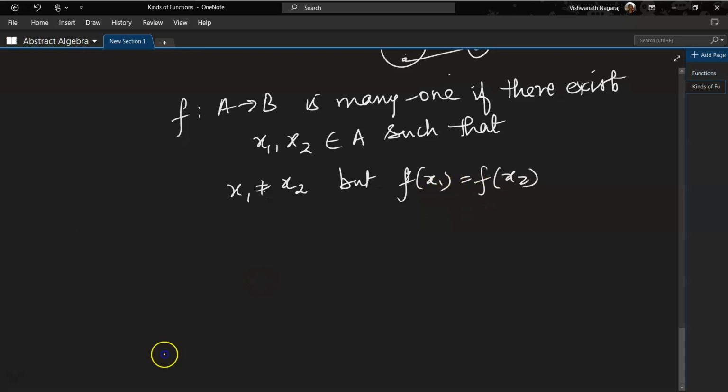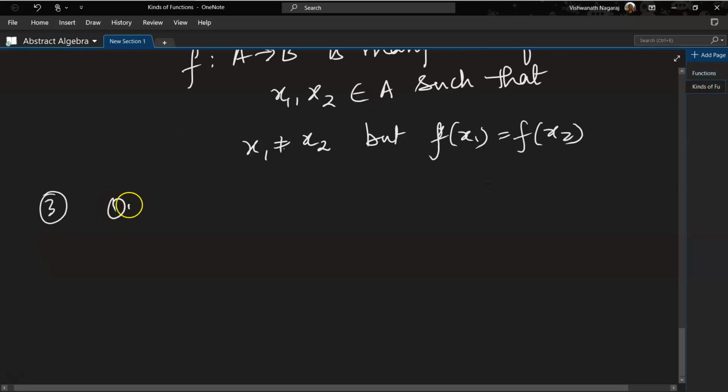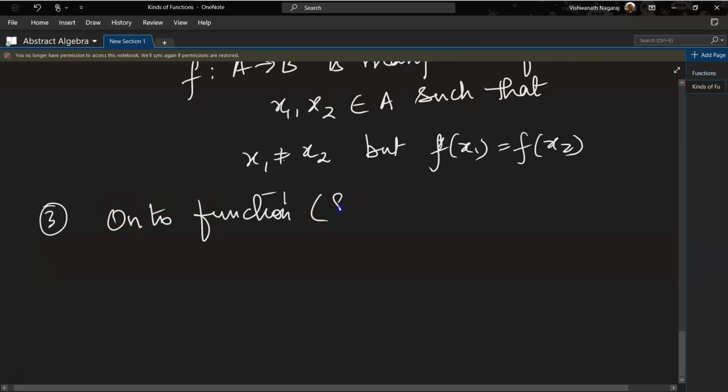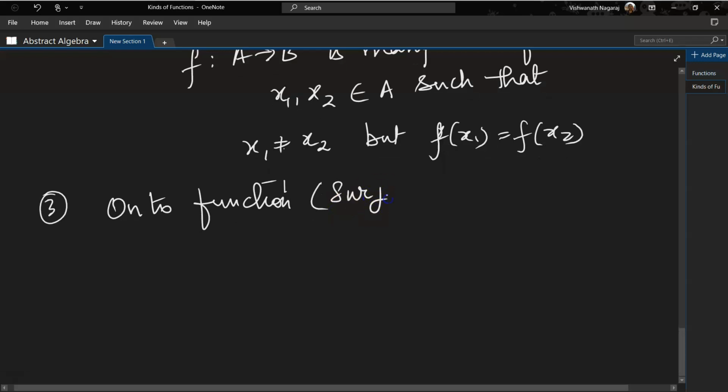Let's look at the next one, the third one, onto function, also called surjective.